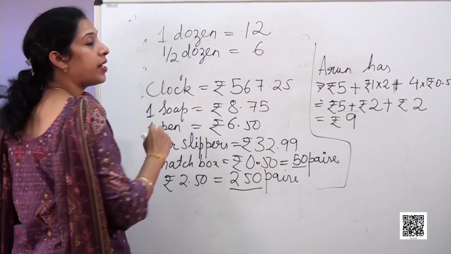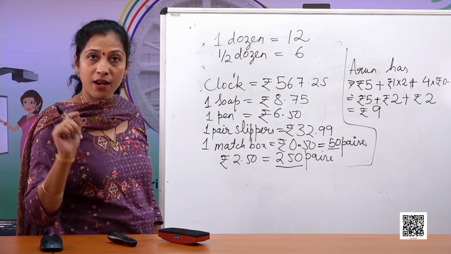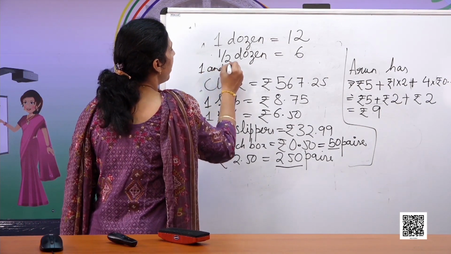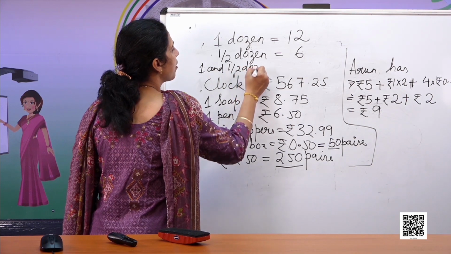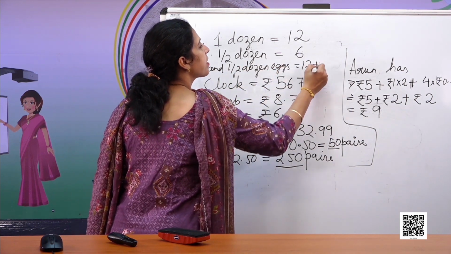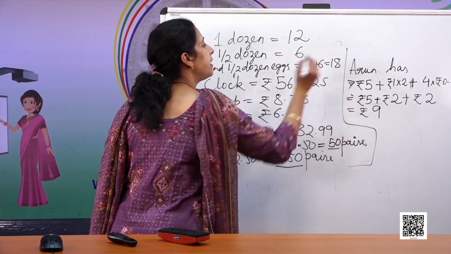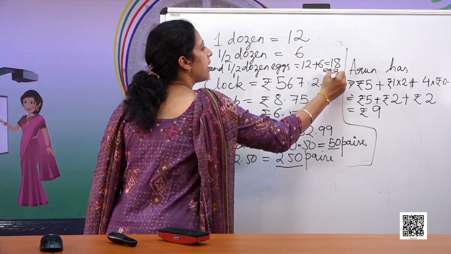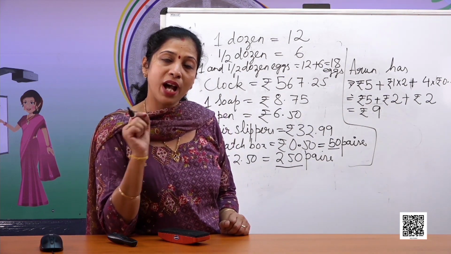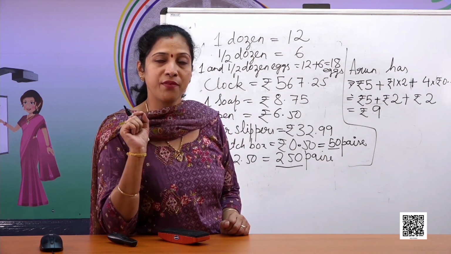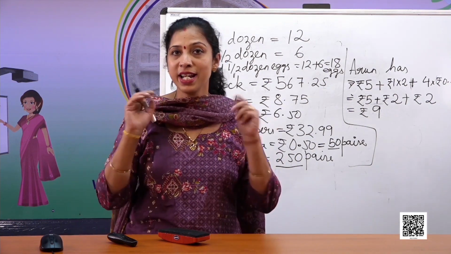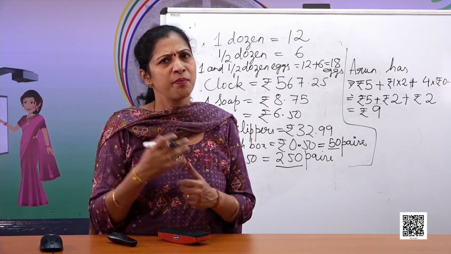So what is the total number of eggs in 1.5 dozen? 1.5 dozen eggs will be equal to 12 plus 6 equals 18 eggs. So if you have the price of 1 egg, that is 2 rupees and 50 paise, you can always find out the price of 18 eggs by just multiplying it.